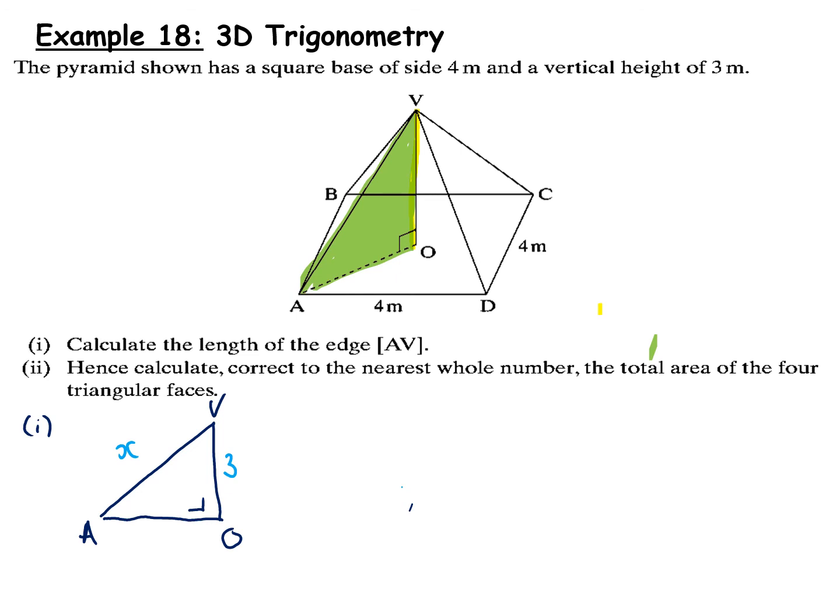Going back to my diagram, there are two ways we can work this. You can draw the diagonal of the square here. Let's say the diagonal is AC, and O is the halfway point. If we could work out AC, we can halve it to get AO.